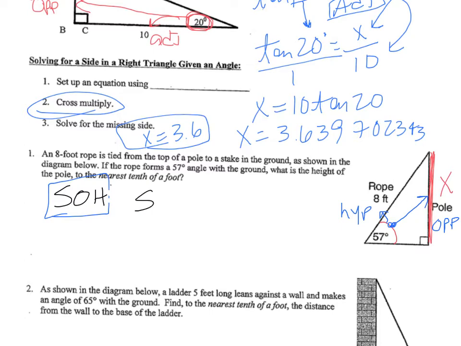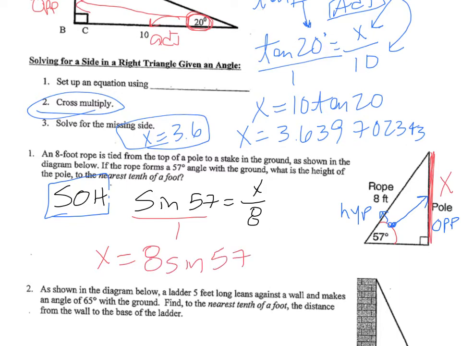Now I'm going to do sine of 57 equals the opposite, which is x, over the hypotenuse, which is 8. I just cross multiply, and I get x equals 8 sine 57. You need to make sure you type that into your calculator. So 8 sine 57 is equal to 6.70936, and it goes on. Rounded to the nearest tenth, x is equal to 6.7 feet.